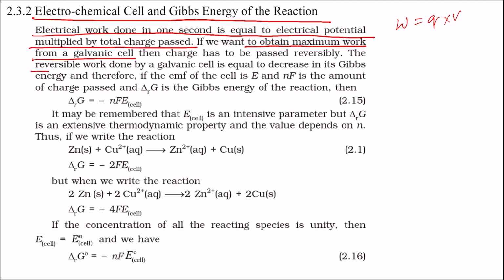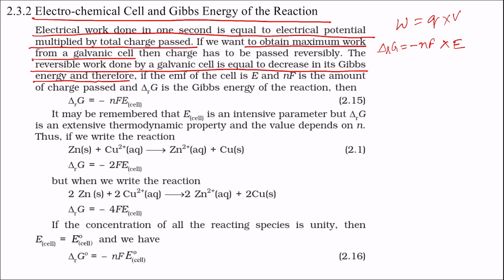The reversible work done by a galvanic cell is equal to the decrease in its Gibbs energy. Therefore, if the EMF of the cell is E and nF is the amount of charge passed, meaning n into F gives the total charge passed, then the Gibbs energy for the reaction will be equal to minus nFE.